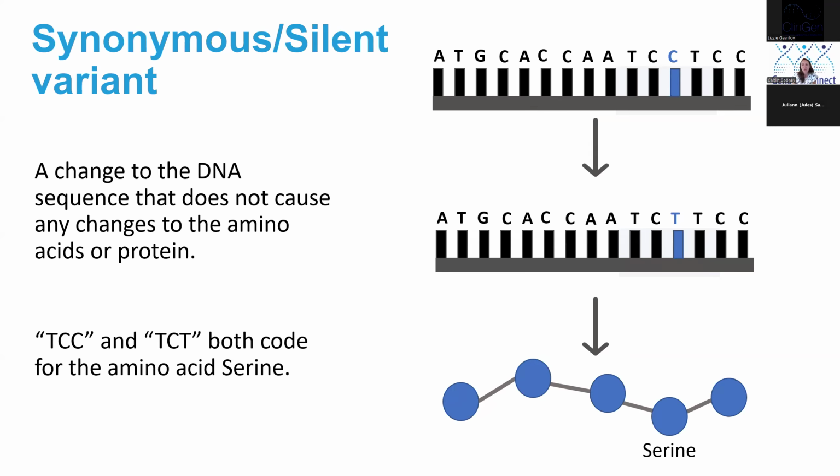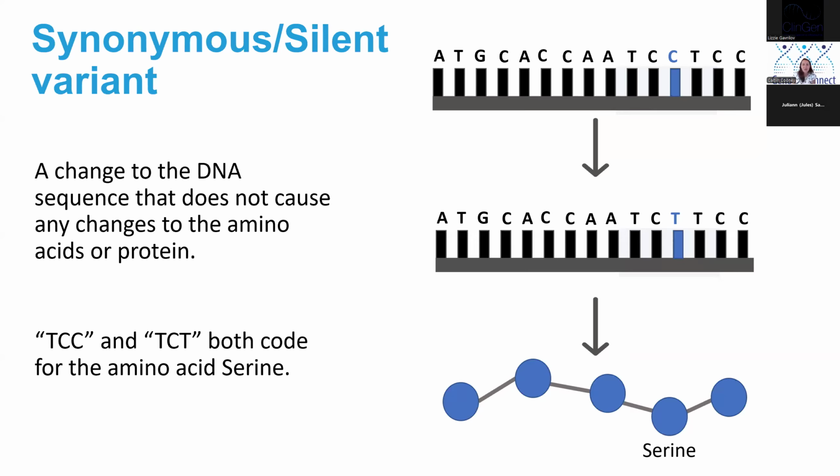So in this example, the nucleotide C was changed to a T, but both codes, the TCC and the TCT, code for the same amino acid, serine. Since they code for the same amino acid, it doesn't change the protein, and that makes it unlikely to impact the protein function.